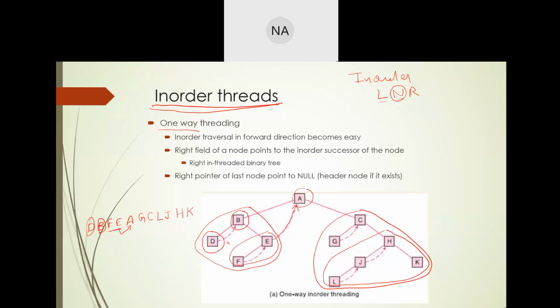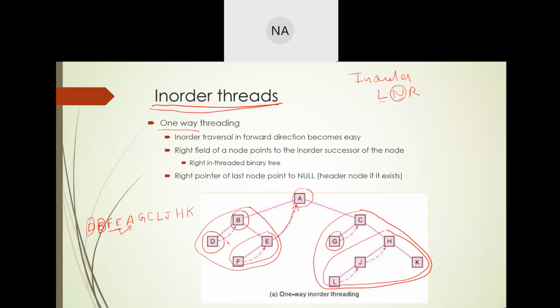Likewise, for any node which does not have a right subtree, which has a null right pointer, you can store a thread which points to that node's in-order successor.